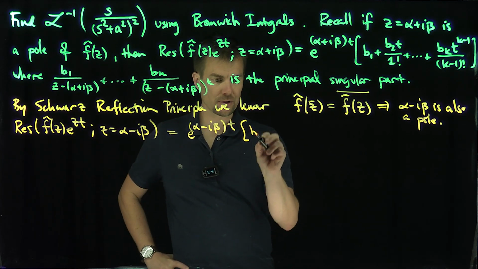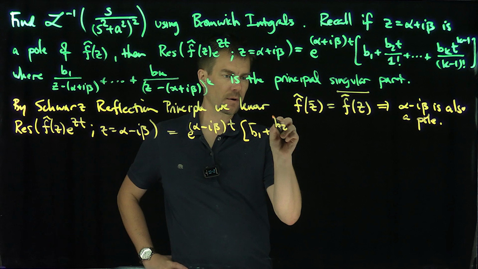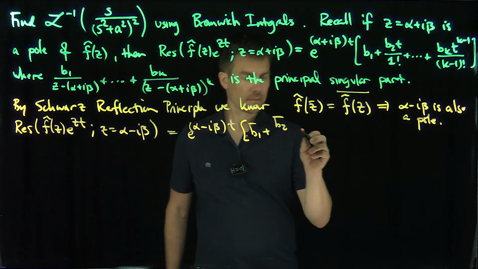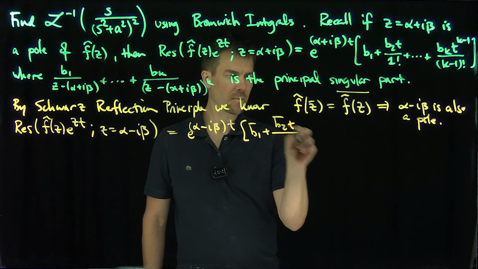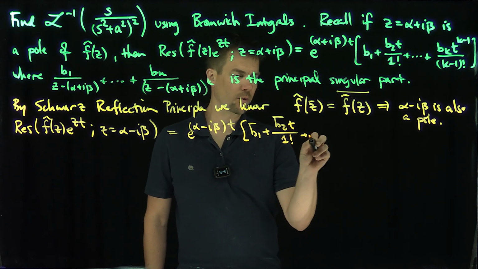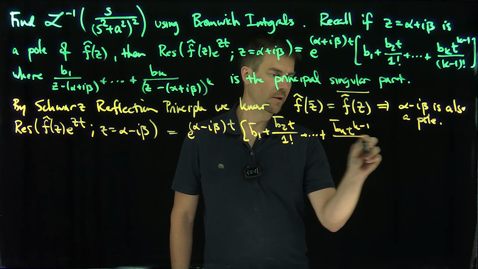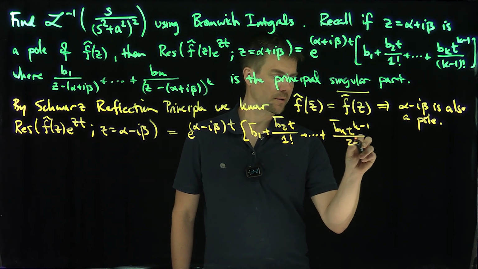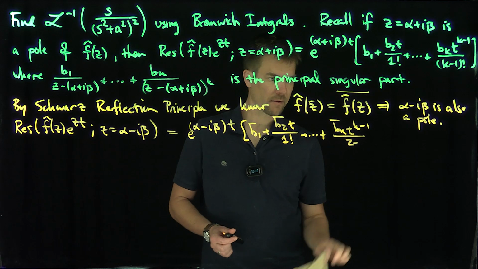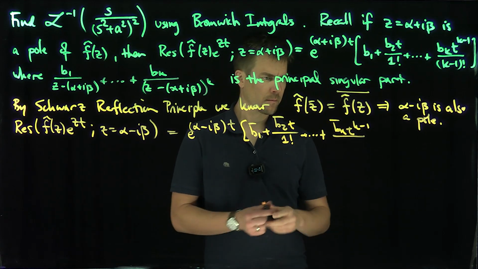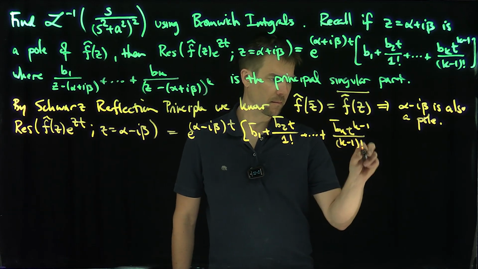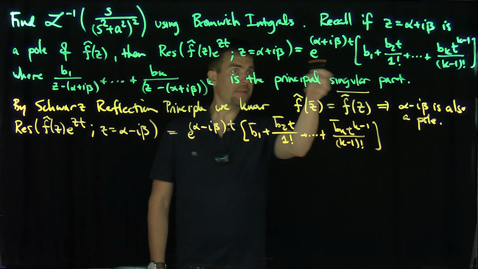So b1 conjugate plus b2 conjugate t over 1 factorial, all the way down to bk conjugate t to the k minus 1 over (k minus 1) factorial, like that.